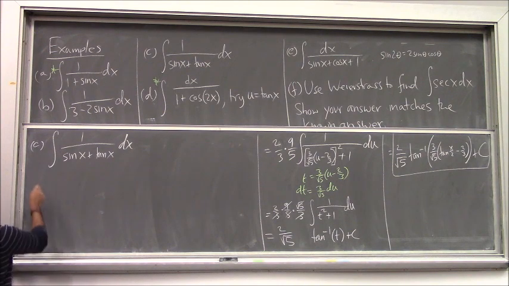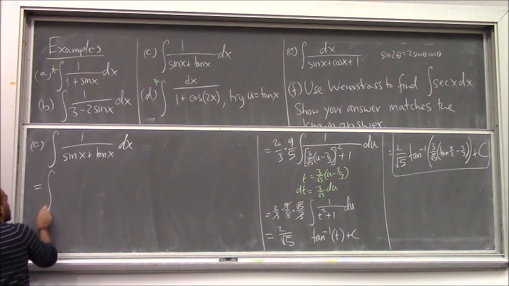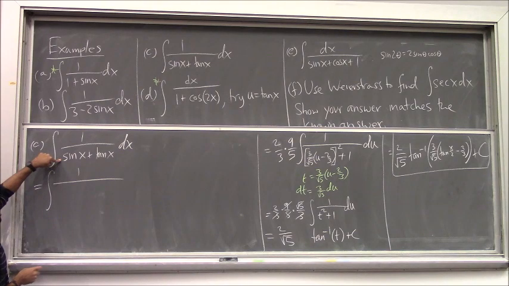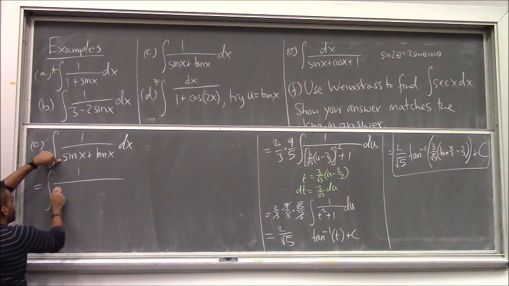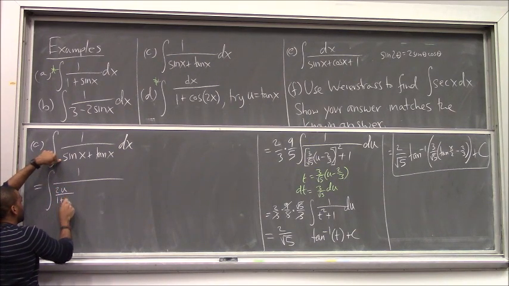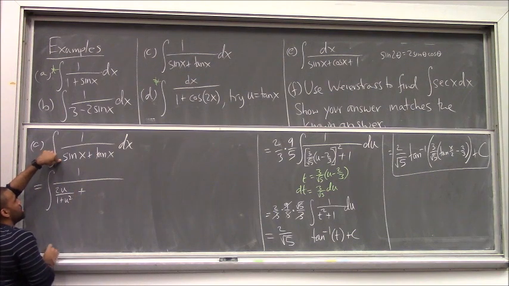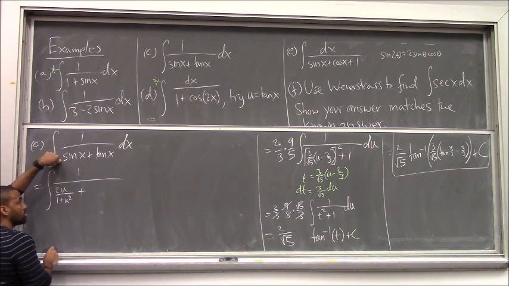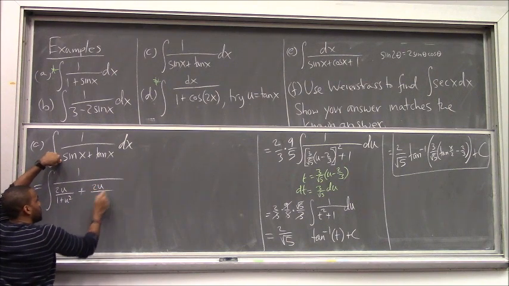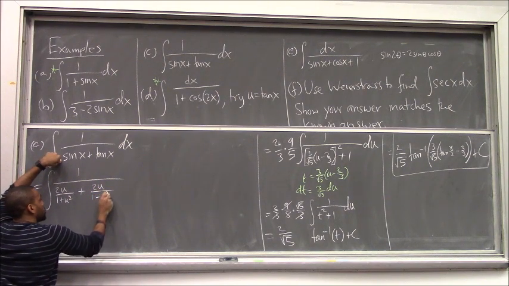But let's actually try to apply the Weierstrass substitution. What would that look like here? What happens to the sine x? 2u over 1 plus u squared. And the tangent x? 2u over 1 plus u squared over 1 minus u squared over 1 plus u squared, right?